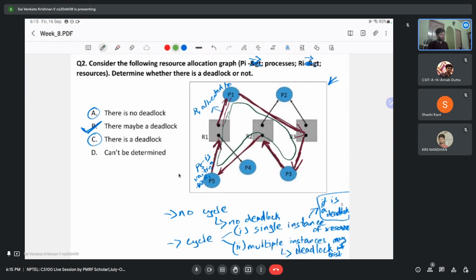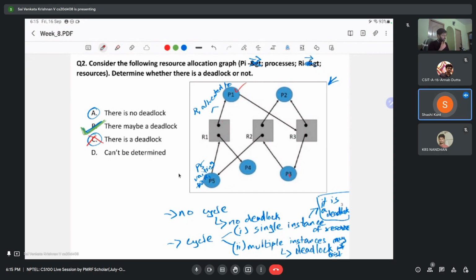Why not the other options? Option C, there is a deadlock. If you look at this graph clearly, I'll just erase these extra things. We found the cycle over here. These are the nodes involved.